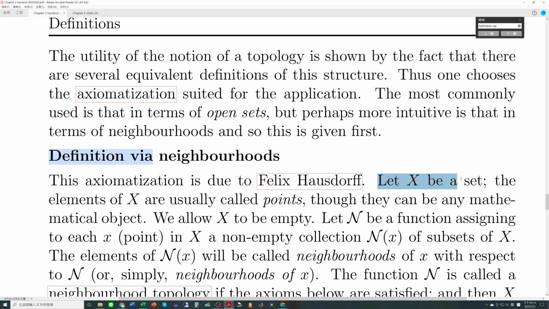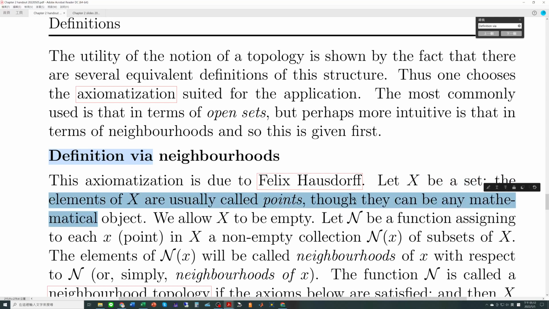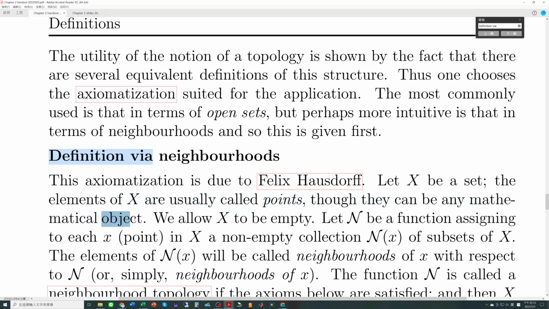Okay, let X be a set, and the elements of X are usually called points, though they can be any mathematical object. We allow X to be empty. This sentence means that X can be empty or can be non-empty.